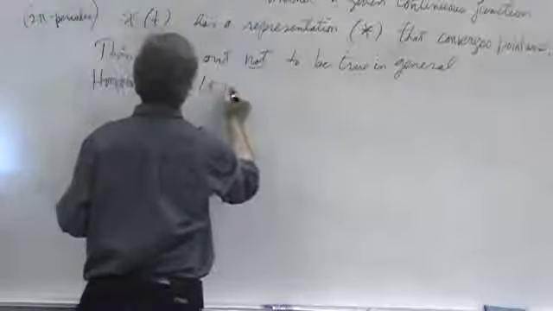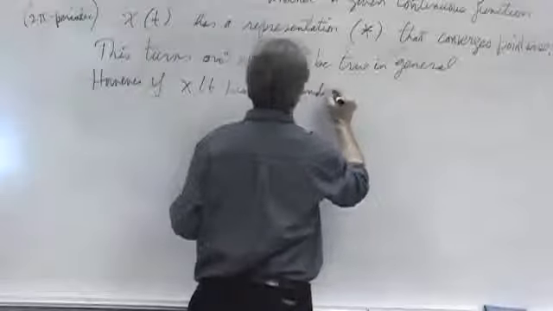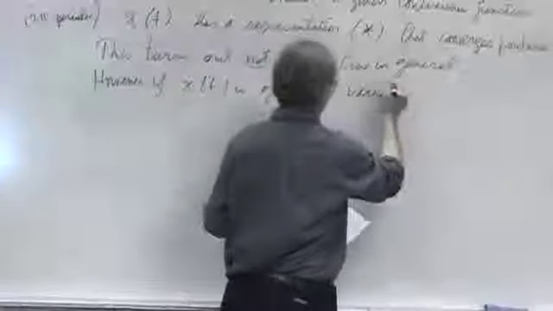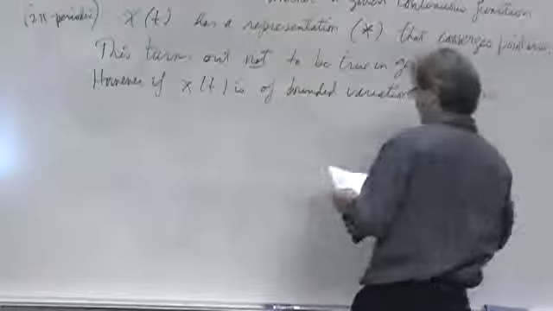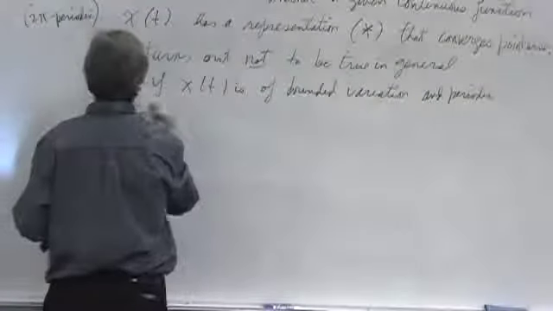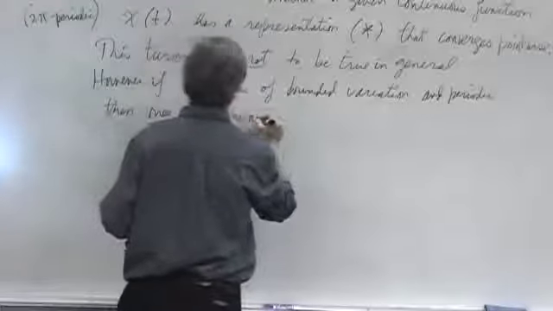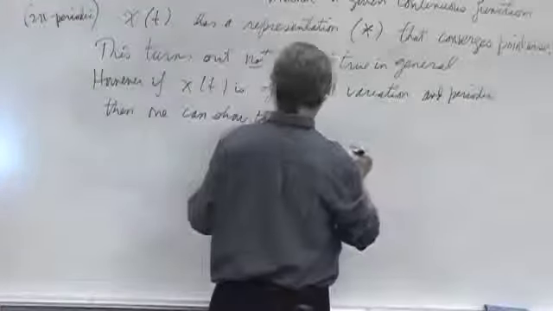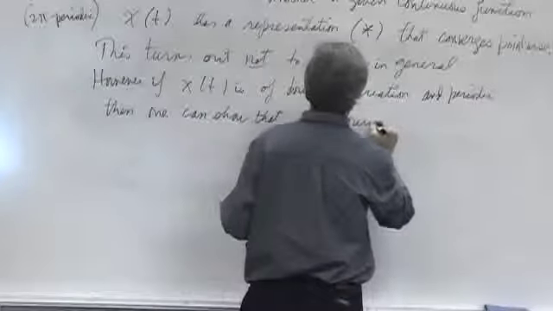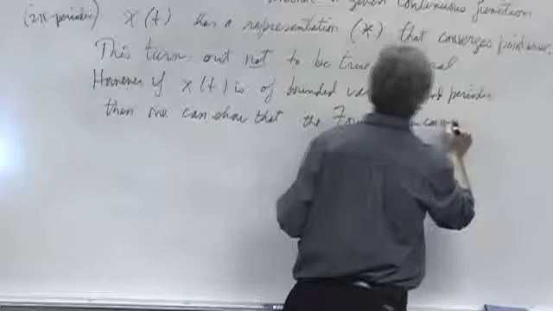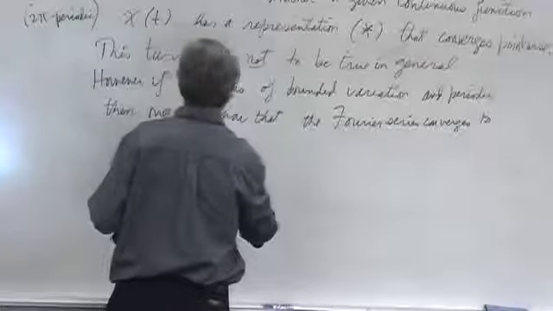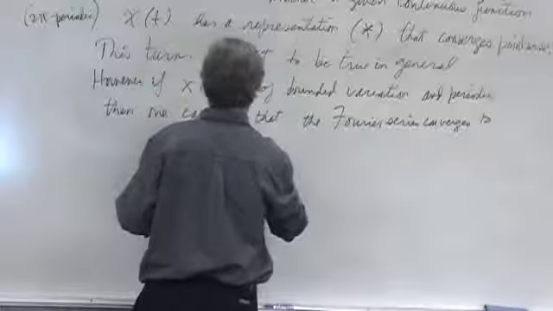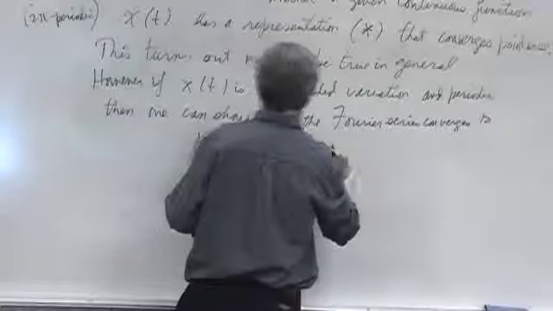However, if x of t is of bounded variation and periodic, then one can show that the Fourier series converges to the following function: 1/2 times the limit as h goes to 0 from the right of x of t plus h plus x of t minus h.